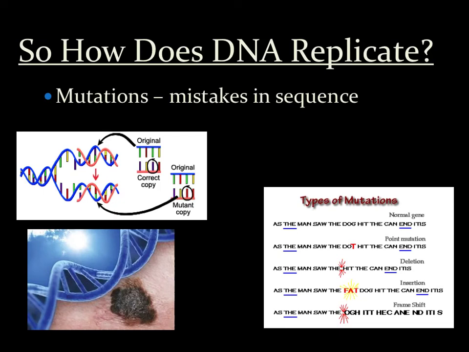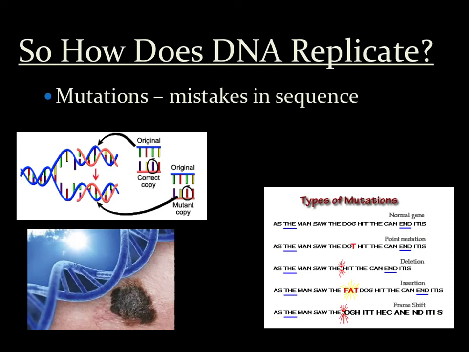There's different types, and this little screen down here gives us an analogy of types of mutations. The whole words and letters and sentences is a great analogy for us to use. And you see a couple different types of actual mutations in DNA in cells, and you see what happens to words and sentences.